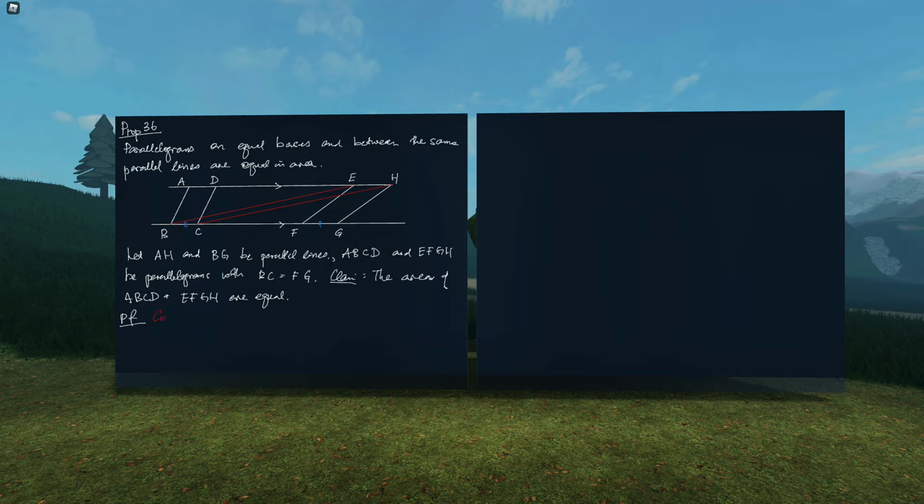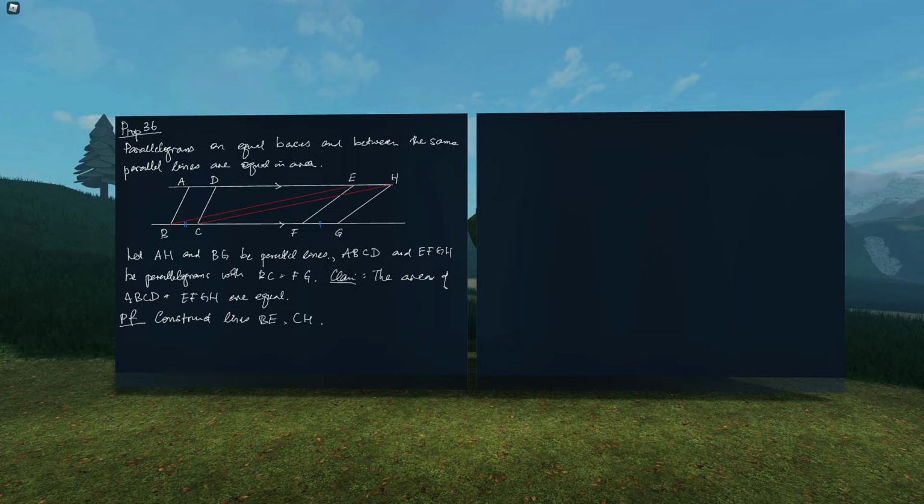So we construct, as I just did, lines BE and CH, and so we get a parallelogram as shown.